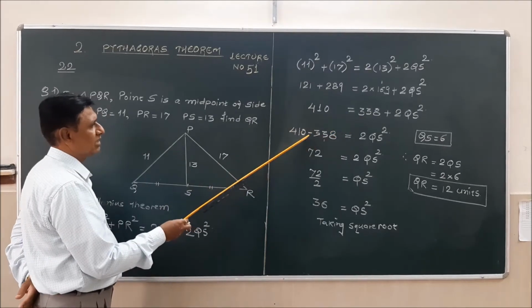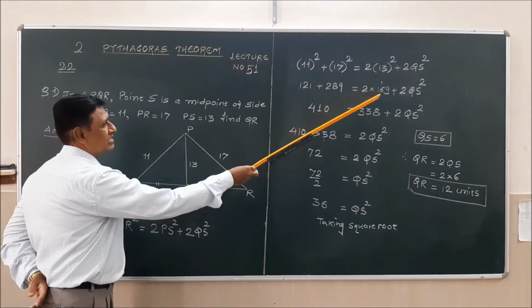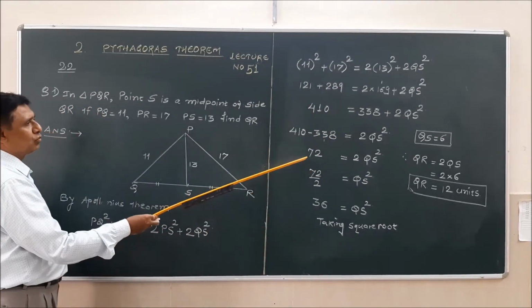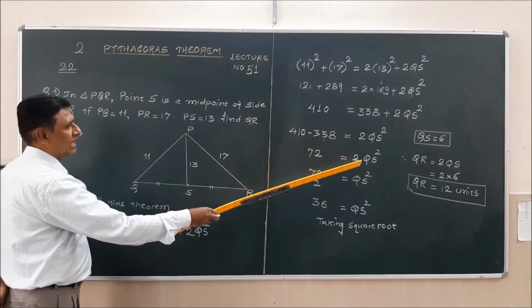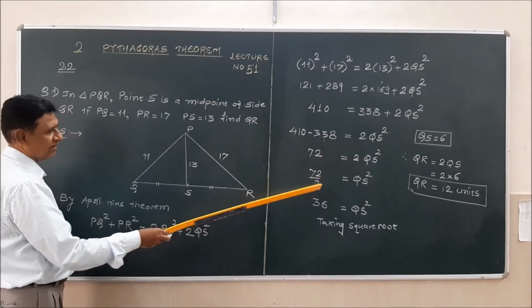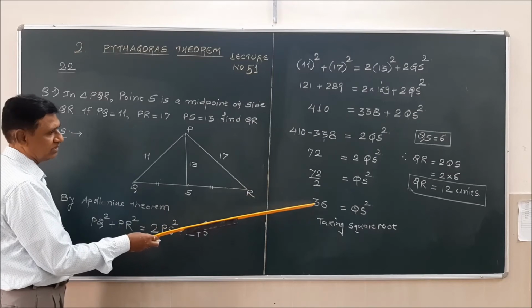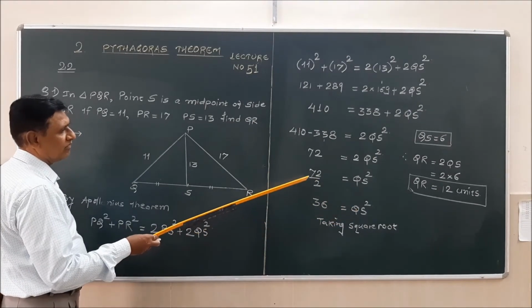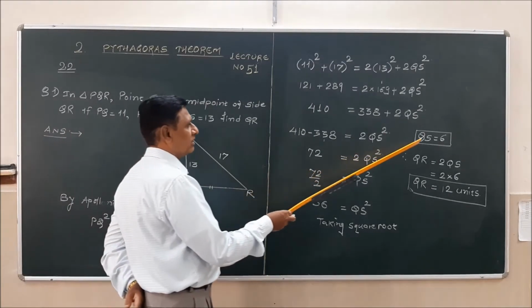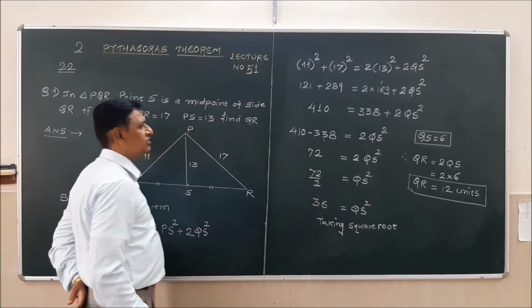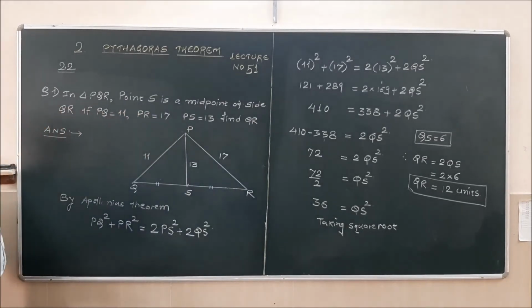You can transfer this to the left hand side. 169 into 2 is 338. So you will get here 72, the difference between these two, that is equal to 2QS square. This 2 is transferred to the left hand side. 72 upon 2 is 36, QS square. Taking square root, you will find the square root of 36 is 6. QR is equal to twice QS, 6 twos are 12.